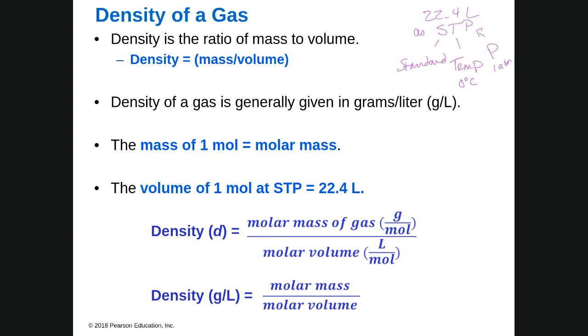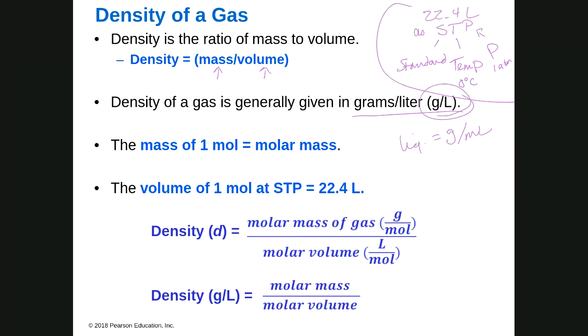So as part of this, we look at the density of a gas. And the density of the gas, just like density of a liquid, is its mass divided by its volume. So mass compared to volume. But in gases, we generally use grams per liter instead of grams per milliliter, okay? So liquids are grams per milliliter. But gases take up so much more space that we do it grams per liter for gases, okay?